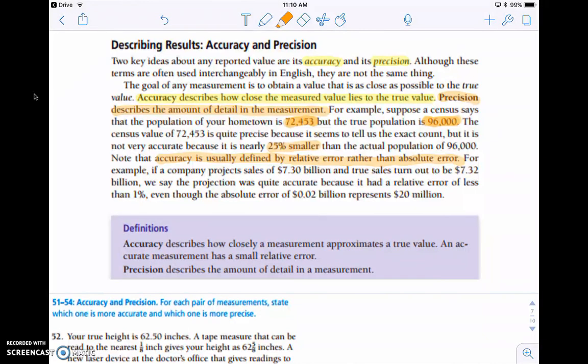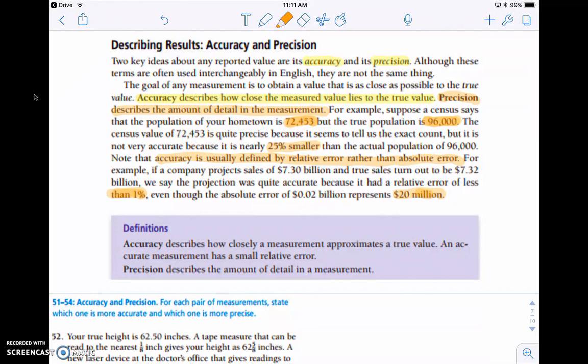For example, if a company projects sales to be 7.3 billion and the true sales turn out to be 7.32 billion, we can say it's quite accurate because the relative error is less than 1%, even though the absolute error is $0.02 billion, which is $20 million. So if someone says you're off by 20 million, you're like, whoa, you're way off. That's terrible. But in reality, the accuracy is less than 1%.